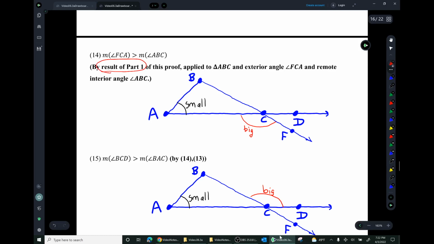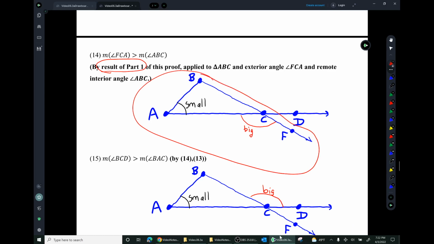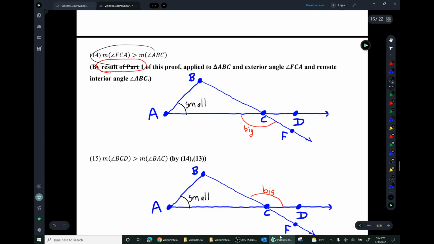The part that we've already proven was about a diagram that looks like this. That is, it was about a configuration of points and angles, and we proved that an angle like this red angle had a greater measure than an angle like this black angle. So in other words, if you went back to the proof of part 1 and just did a clever change of letters, you would end up proving this, that angle FCA is bigger than angle ABC.